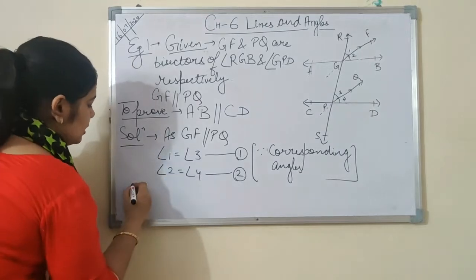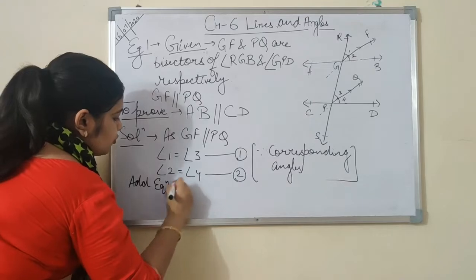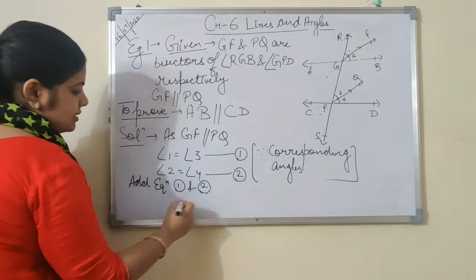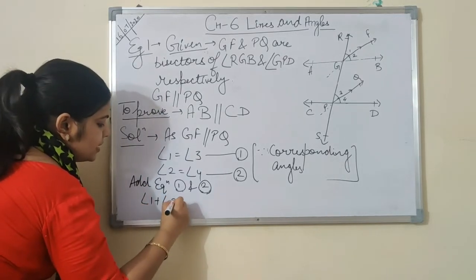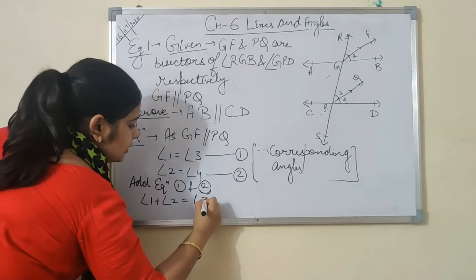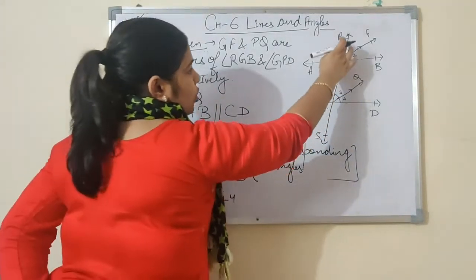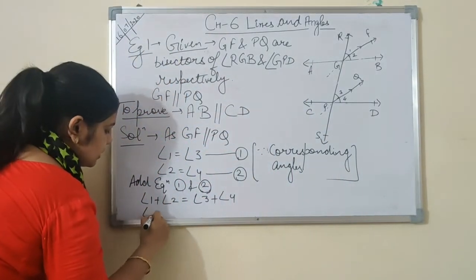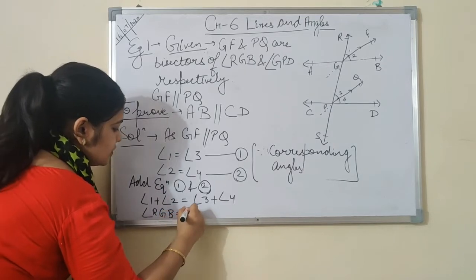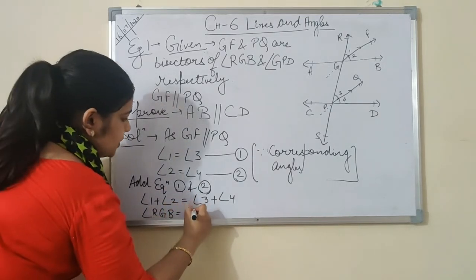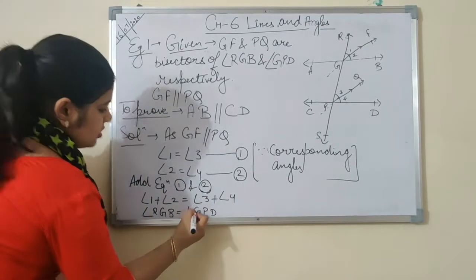So, after adding equation first and second, it will become angle 1 plus angle 2 is equal to angle 3 plus angle 4. Now, in place of angle 1 plus angle 2, according to the figure, we can write angle RGB is equal to angle GPD. Okay. Is this clear? Yes.